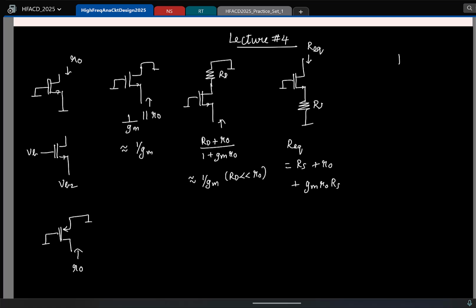So one last thing. Let's say you have this, drain is incrementally short. Here you apply a small signal Vi and I have RS. What is the small signal Vout here? Let's say you don't consider R0 for simplicity. What is Vout in terms of Vi?